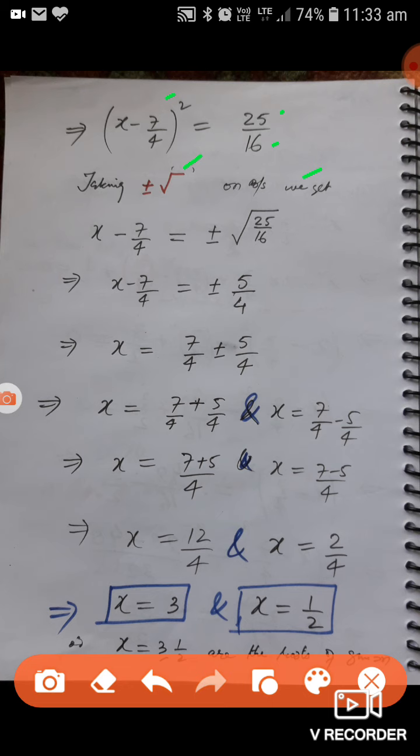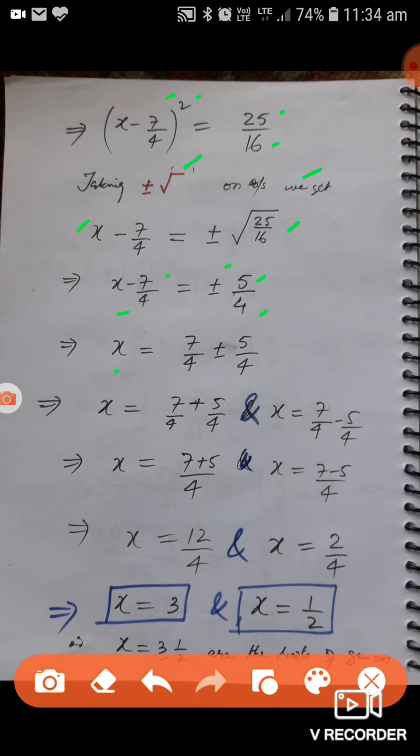This square will vanish from the left hand side, and the square root will appear on the right hand side. We have plus minus the square root of 25/16. So x − 7/4 is equal to plus minus the square root of 25 is 5 and the square root of 16 is 4, so we write 5/4.